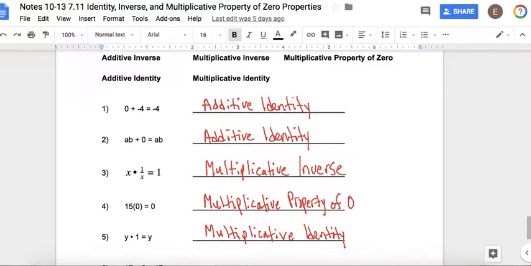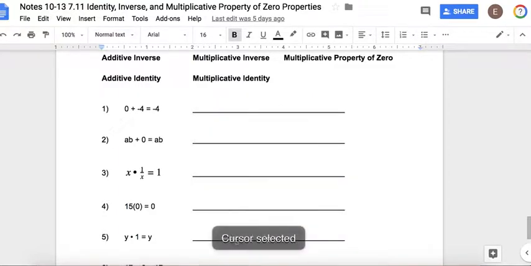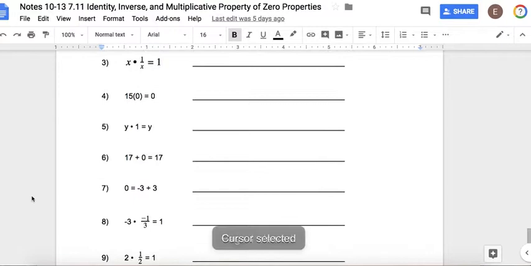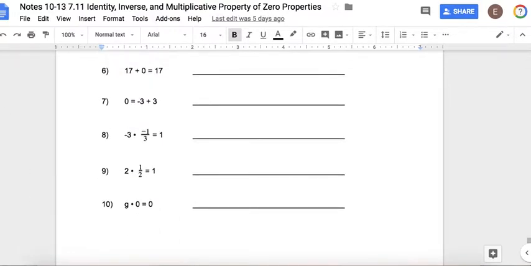Okay, let's look at the last 5 examples. Number 6 says 17 plus 0 still equals 17. So I added 0 and got the exact same thing. This is the additive identity.